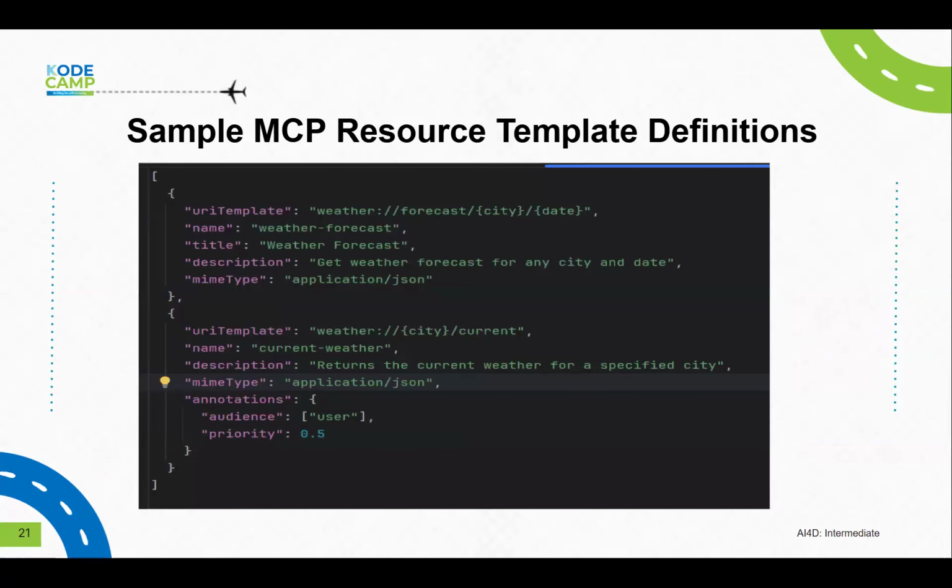And then here are sample descriptors for resource templates. Here you have the URI templates, which are dynamic, they take parameters. You have the name of the resource template, its title, its description and the MIME type. You could also optionally have annotations like priority, audience and so on.